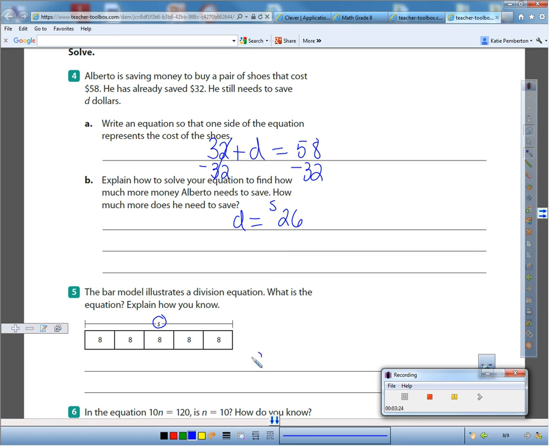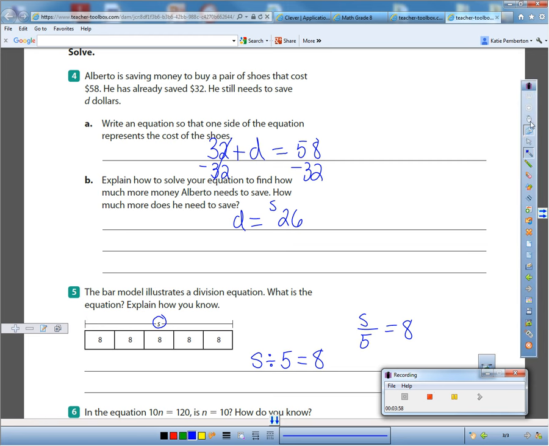So the total is divided into 5 parts, and that's going to equal 8. And you could also write it like this, S divided by 5 equals 8. And you could explain that you know that it's divided into 5 sections, so that's why it's dividing by 5, and each of those sections is 8, and the total would be S.